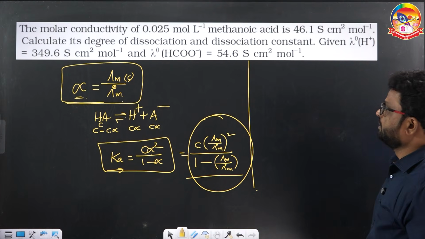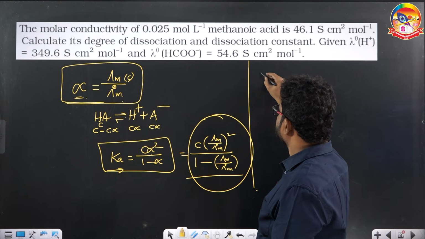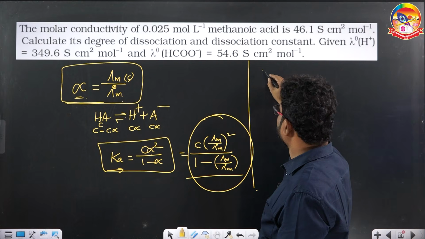So what is the data given? Lambda naught m of H plus and lambda naught m of formate ion are given.